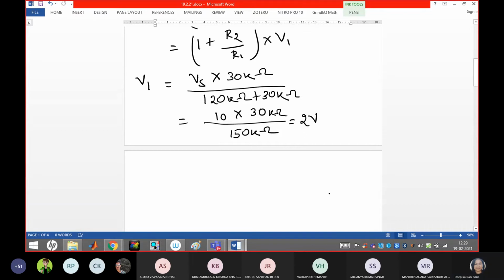Okay. Yeah, fine. So V1 we got 2 volt. Now where do we have to apply the value of V1? In the V0 equation, right? So directly V0 can be calculated as 1 plus 120 divided by 30 whole into 2 volt. So what is the answer?